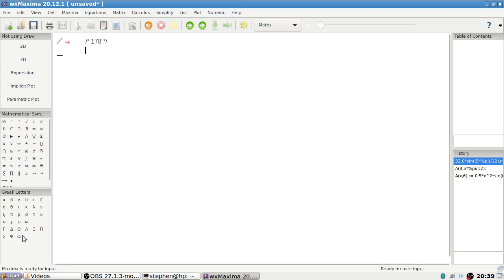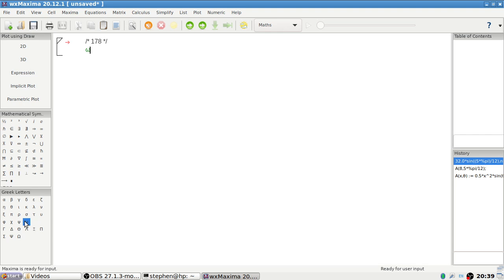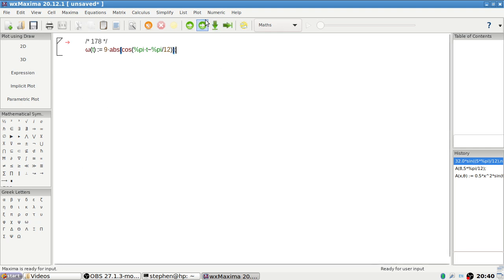Okay, so omega of t is defined as, oh, now how do I do absolute in Maxima? 9 times ABS perhaps? Absolute of cos pi t minus pi over 12. Let's see if that worked.